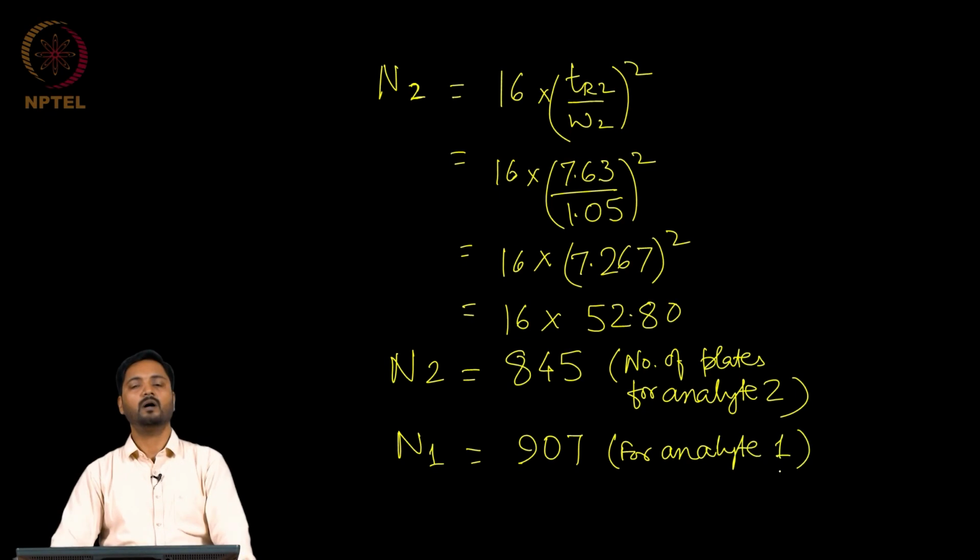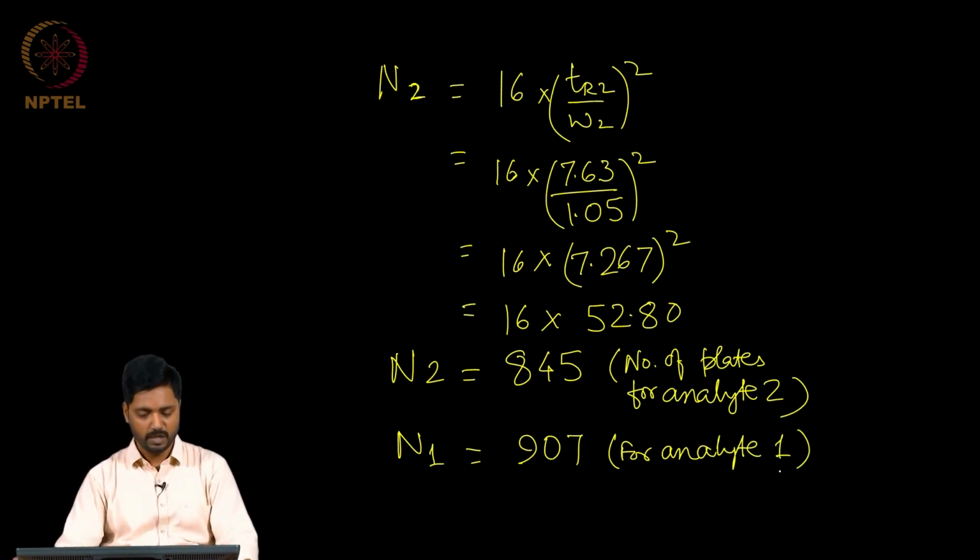So, I want you to carefully note this point, that for the same column we can have different plate heights for different analytes, and this is an important point to be kept in mind when you are doing your own calculations. But this question currently asks us to calculate the average plate height for this column.